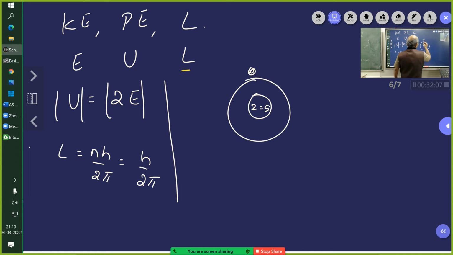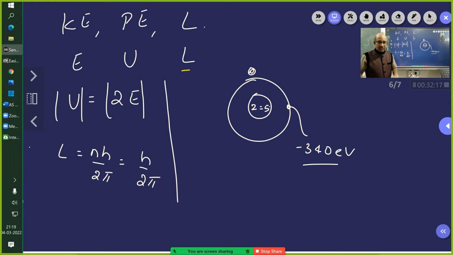We found it to be minus 340 electron volts. For hydrogen atom it is 13.6 electron volts because there is only one proton, but here there are 5 protons. So 340 electron volts happens to be what?